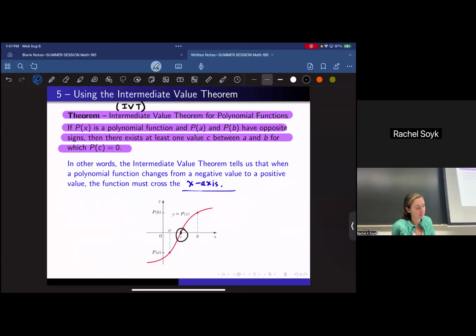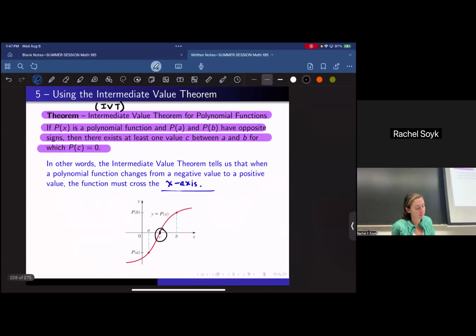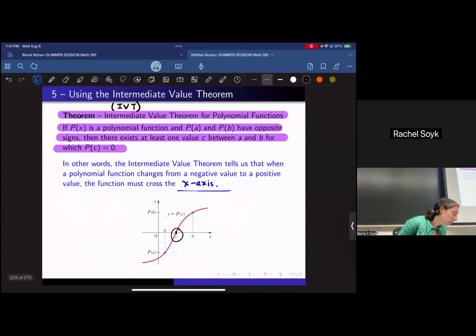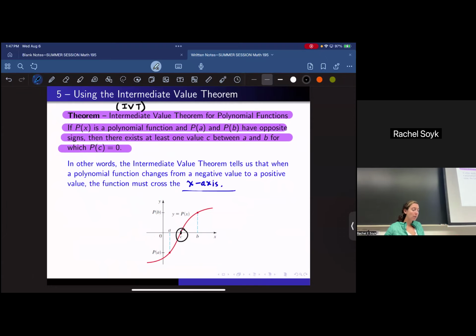Right. And so this really does help us out when we are given a polynomial and maybe we know one root, but we don't know another one. Or maybe we're asked, okay, can you prove that you have two real roots between this interval for the specific function?